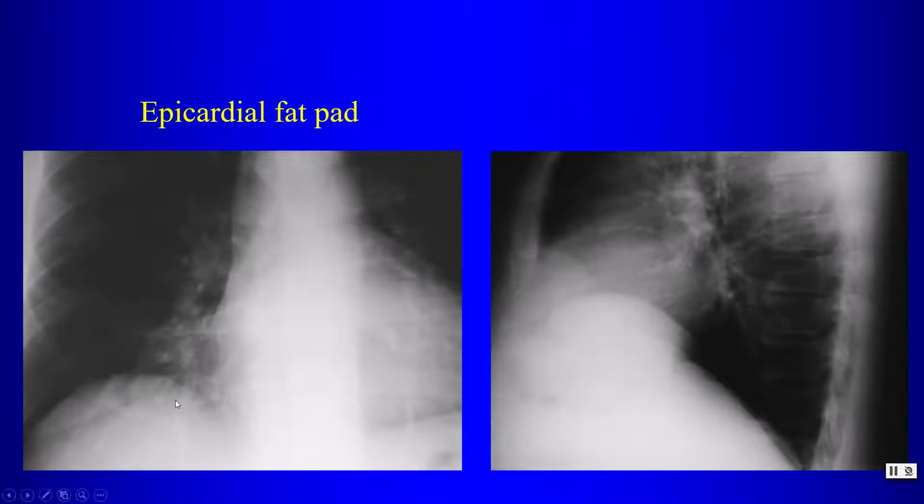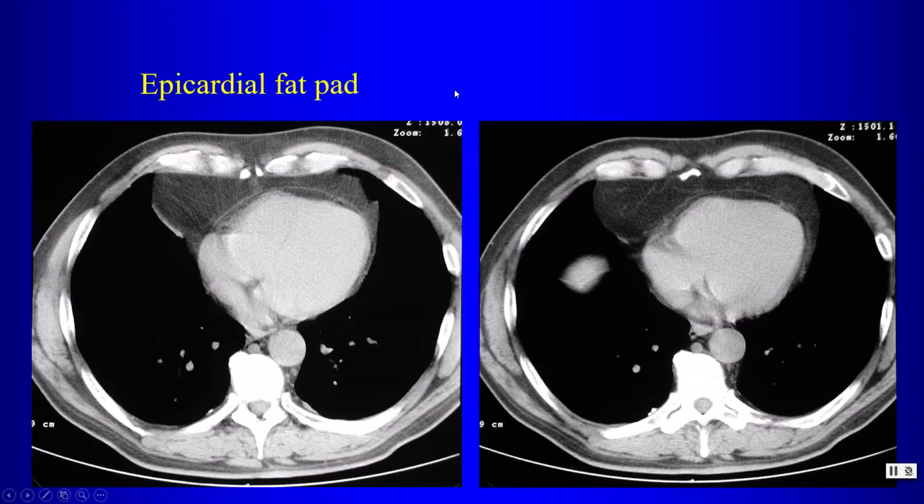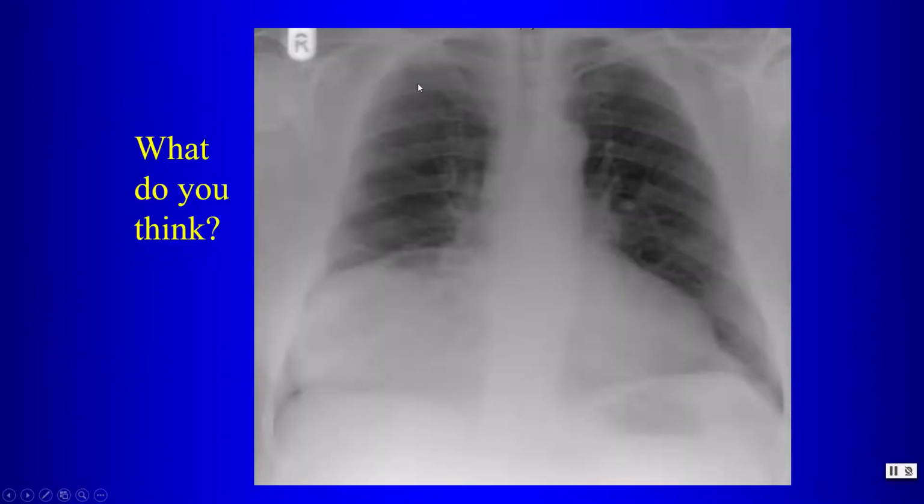So here's a fat pad. Again, lucent, you can see through it. You can see the blood vessels on the lateral view. That triangular shape is very characteristic of a fat pad in the mediastinum adjacent to the pericardium. Nicely confirmed here on the CT scan. You can see this is mediastinal fat, a very large fat pad causing that density on the chest radiograph.